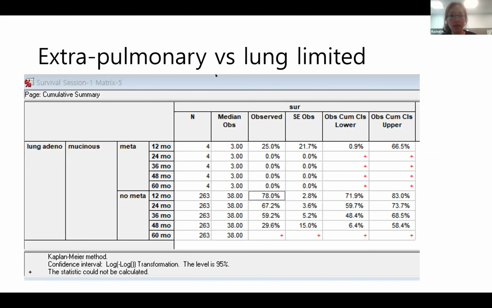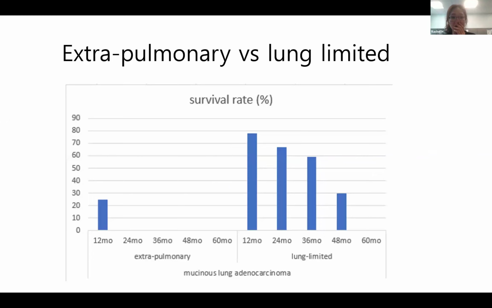And this one is about the metastasis, and I also made the graph. Maybe I thought about 20 at the extrapulmonary cancer, because the data is too small, and SEER didn't show me the result of the analysis.